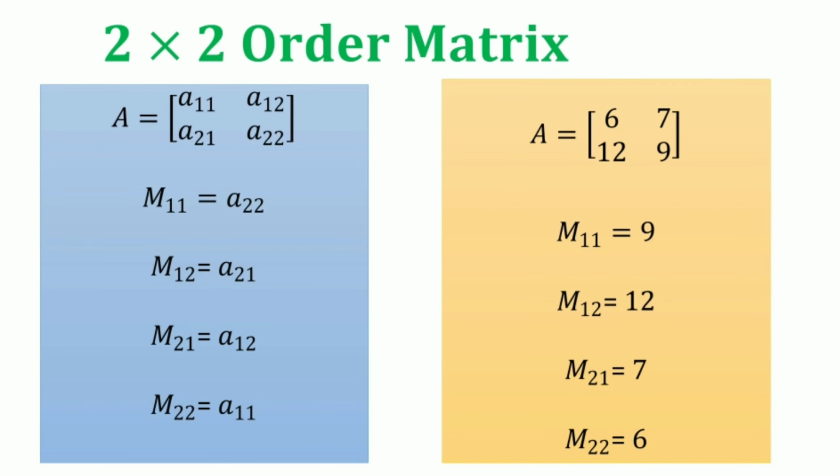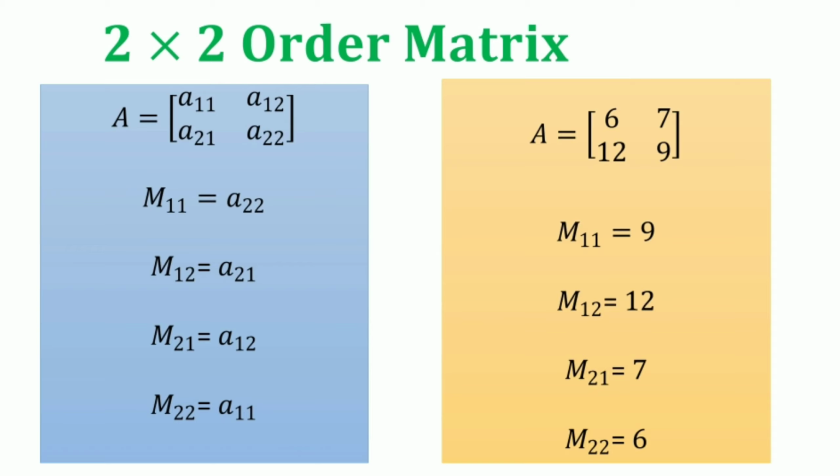Consider a 2 by 2 order matrix, A equals A11, A12, A21, A22. Now we want to find the minors of matrix A. In this case, we have 4 minors as we have 4 elements in the matrix. Take the first element A11.